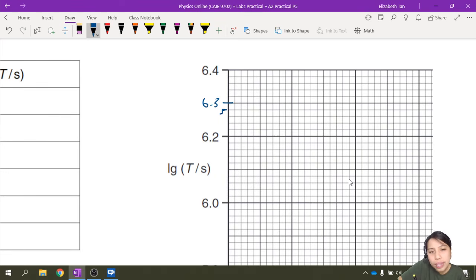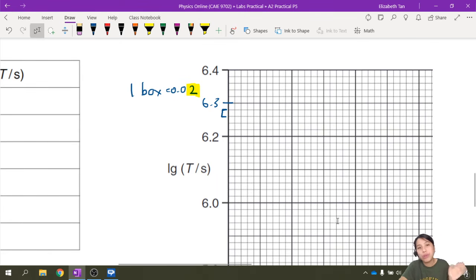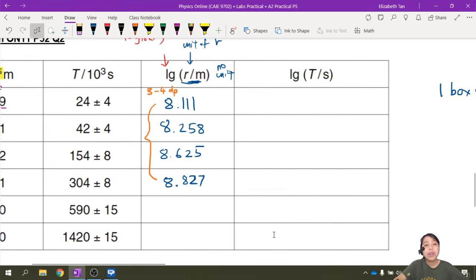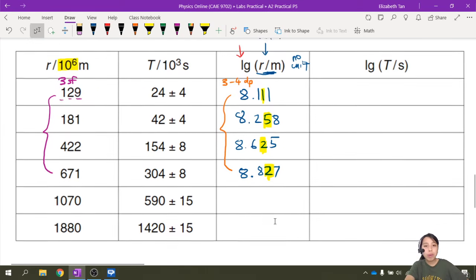What is one tiny little box? So you write there on your graph, one box is 0.02. So make sure your values can plot at least a precision of 0.02. So you check and see, 0.02. Oh man, we've got to do some rounding. Round to all even numbers. Okay, so looks good. Our graph is okay. We know we'll need to do some rounding work later to plot it.